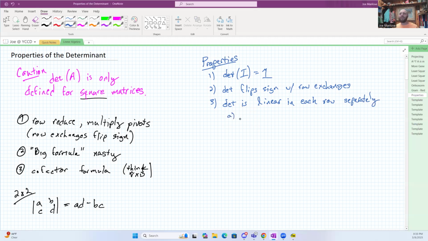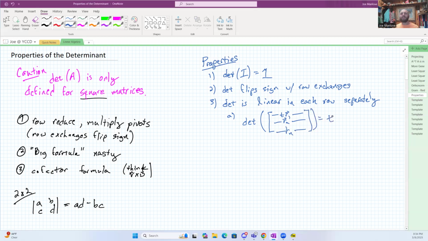So thing A for this is going to be something like the determinant of a matrix that has T times row one and then row two and then on and on down to row n.